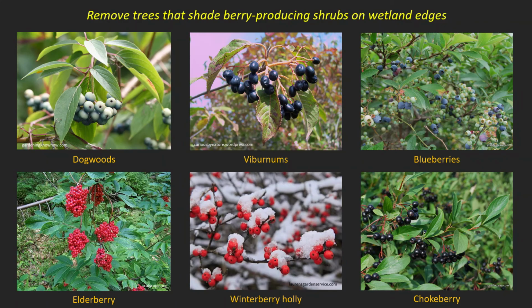Wetland edges are where you are most likely to find many different types of native fruit-producing shrubs. When timber harvesting or cutting firewood, look for opportunities to remove individual trees or small groups of trees that overtop the shrubs to provide them with the sunlight energy they need to produce abundant fruit crops.